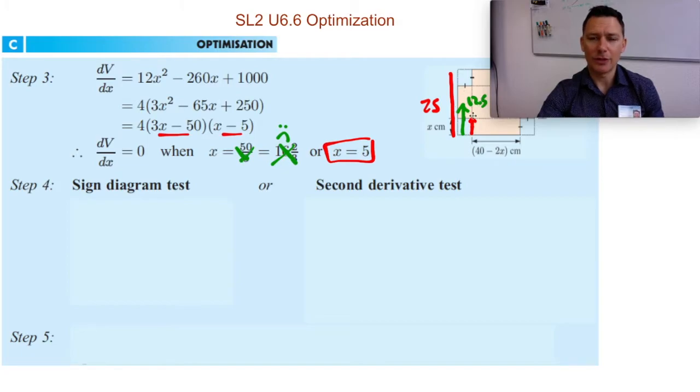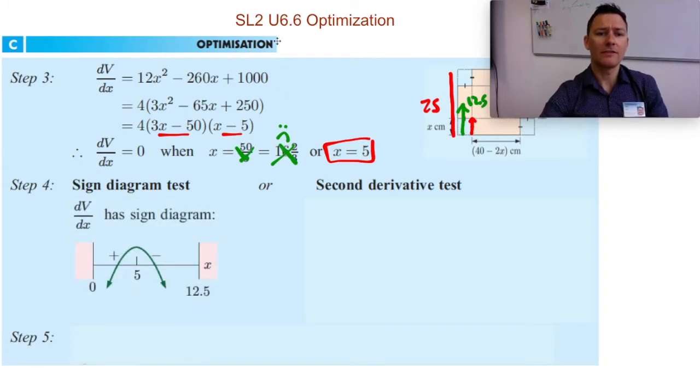Okay, I don't know if it's a maximum or minimum. Logically, it should be a maximum, but you could find out with a sign diagram test. We can take this 5 and check the value of the derivative on either side. If you took a value between 0 and 5, like 1, and plugged it in here, you get a negative answer here.